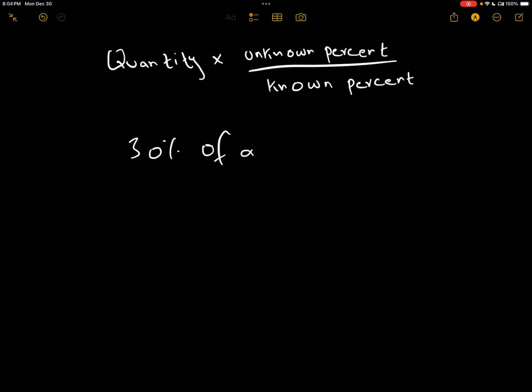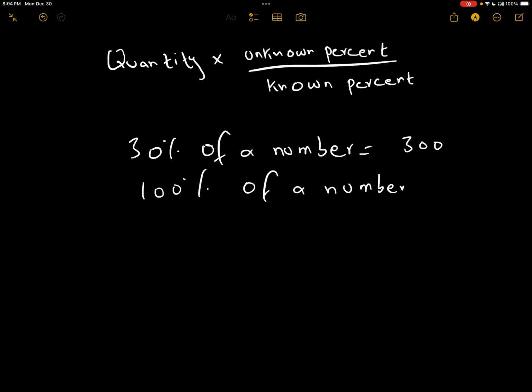For instance, if I have been known that 30% of a number is equal to 300, and I am asked to calculate the 100% of a number, I will simply use this formula to find out.